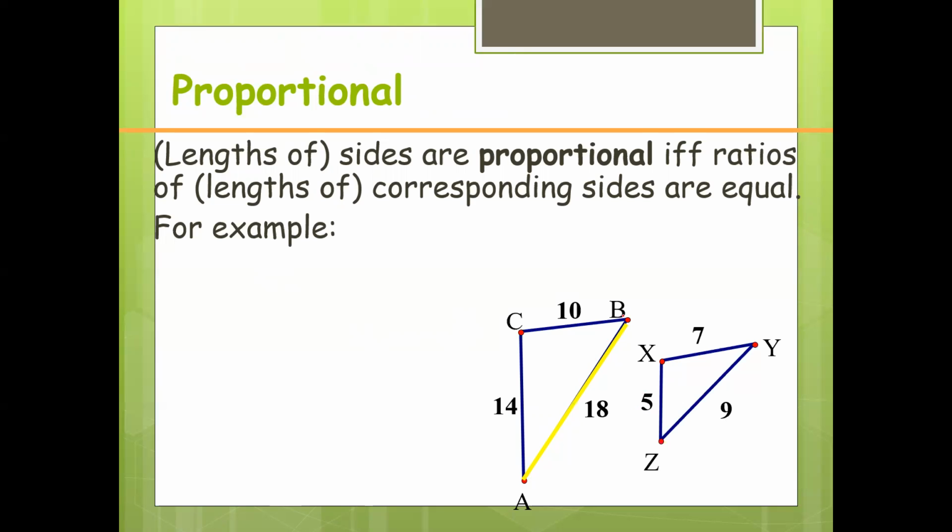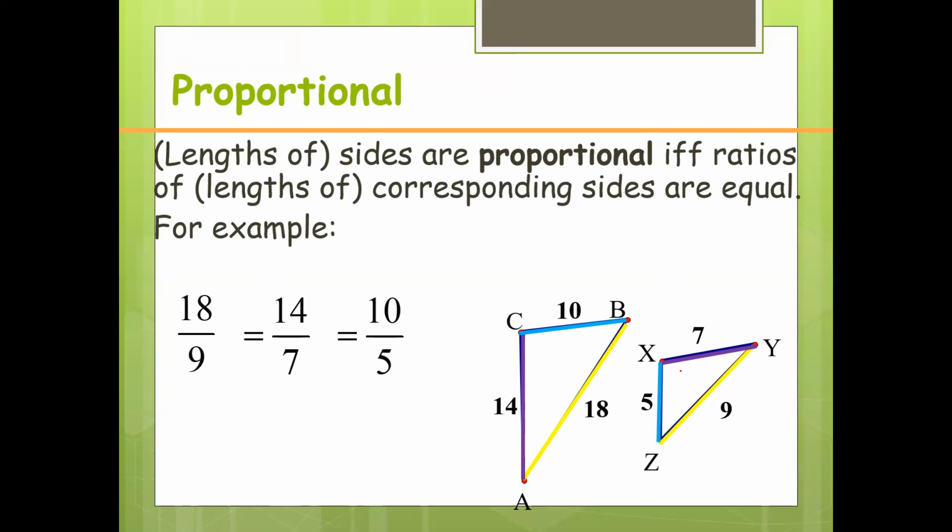So, AB over ZY is 18 over 9. And that is equal to CA over XY, which is 14 over 7. And then CB or BC over XZ, that is 10 over 5.